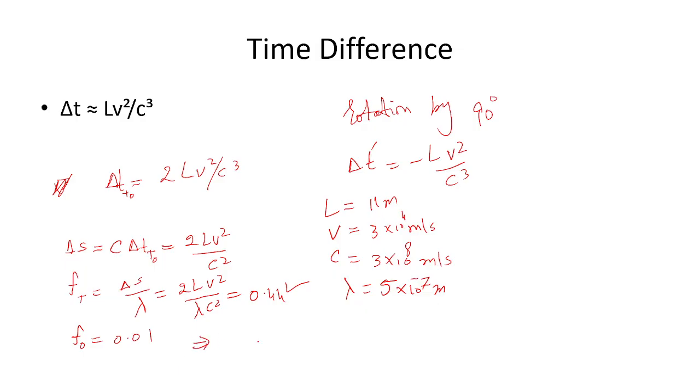So the percentage of this observable and this mathematical prediction, so the percentage of F observed by Michelson Morley over the theoretical fringes difference is 0.01 over 0.44, multiplied by 100, and this is about 2.5%.